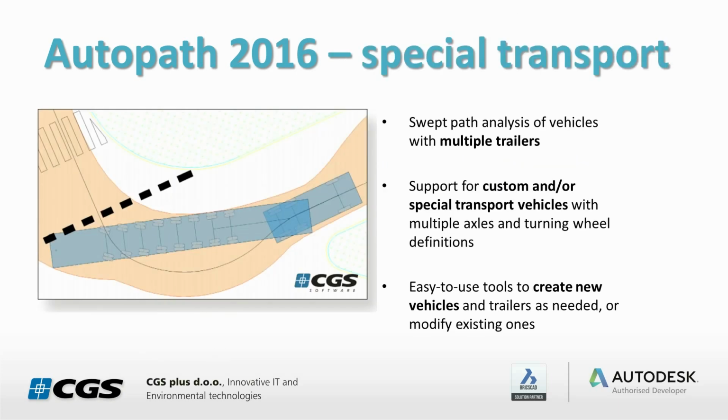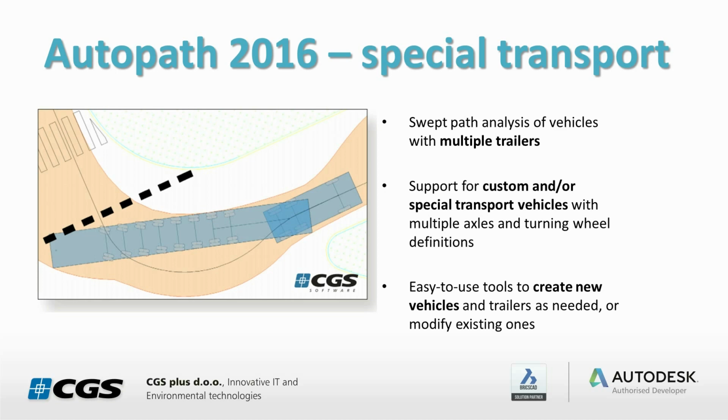But Autopath is not used only for standard vehicles, for usual, let's say, unusual projects. It can be used also for special transport. In cases when our load is very heavy and oversized, and when the heavy load cannot be dismantled into smaller parts, we have to use special transport vehicles.